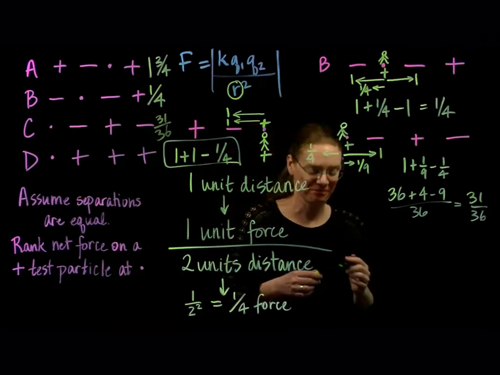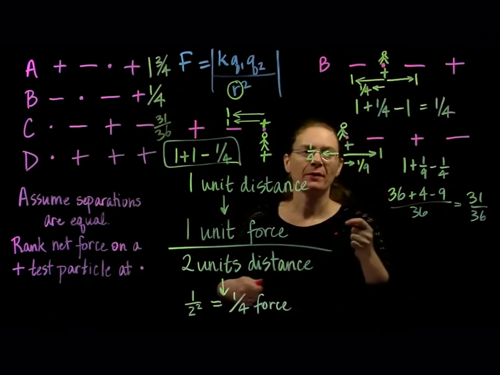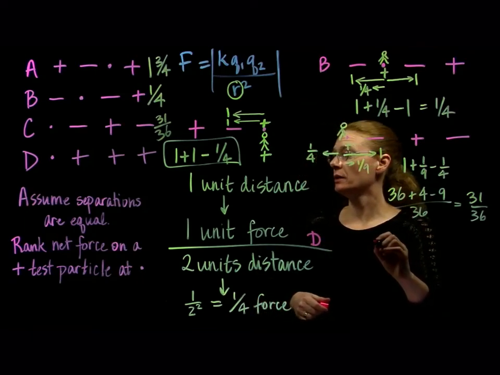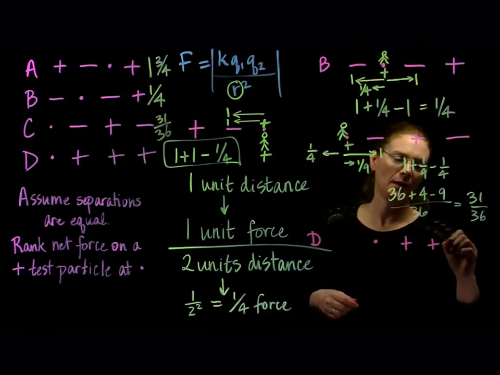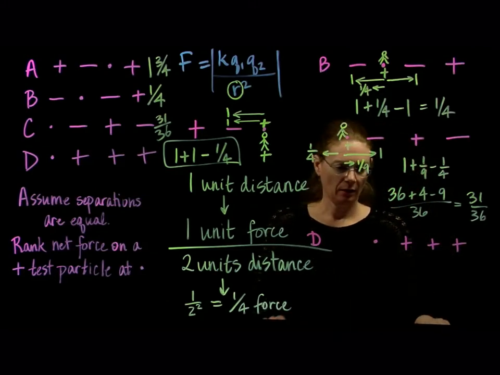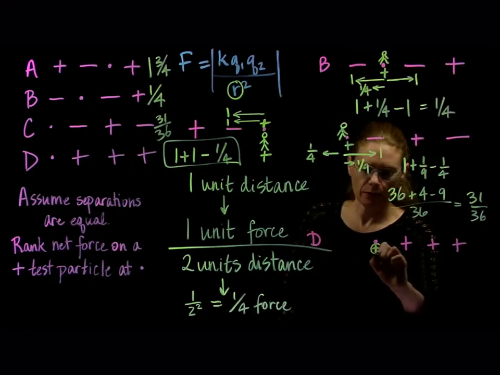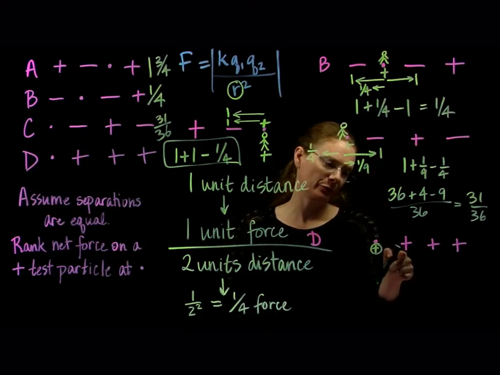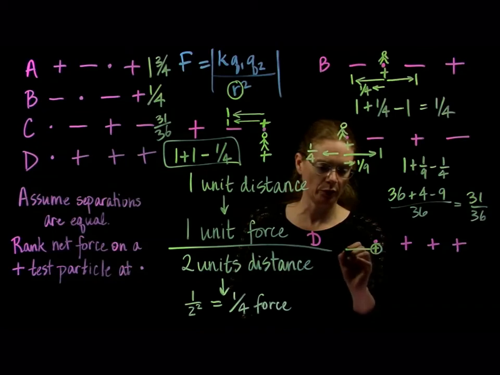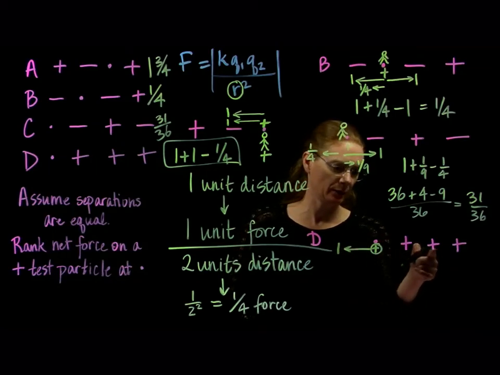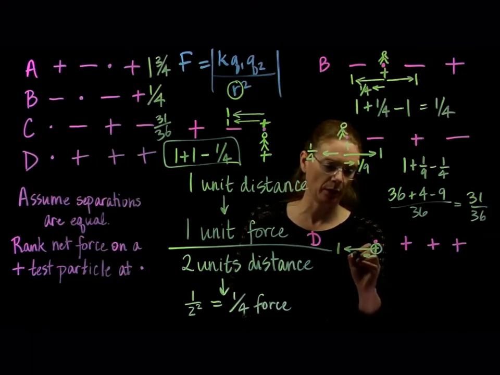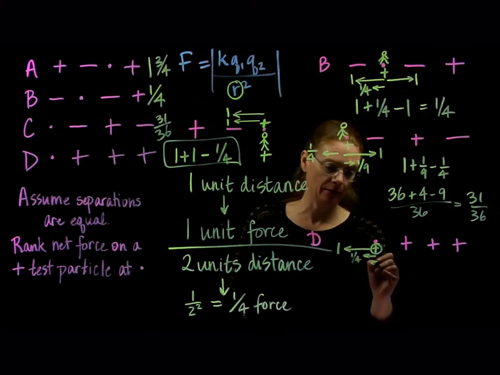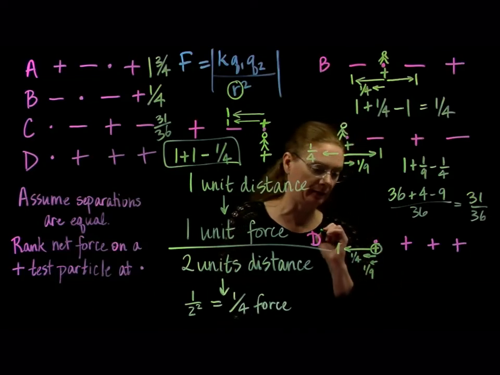Last one. If we have D, we have the dot, plus, plus, plus. We put our little positive test charge right here, and what does it feel? From this positive, it's getting repelled, so it's being pushed away with a size 1 force. This one repels it with a 1/4 size force, and another repel, this time at 1/9.